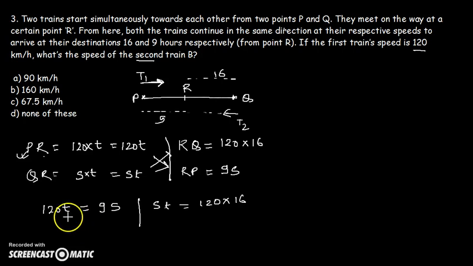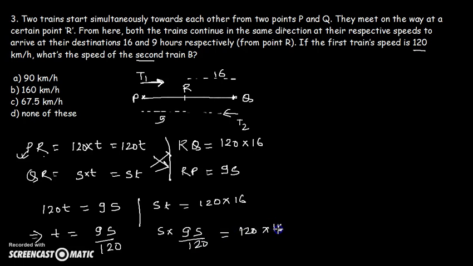Correct? We need S, the speed of the second train. So we take out the value of T here. T will be 9S by 120. And we place it here. In place of this T, we place 9S by 120 here. And this will be equal to 120 into 16.